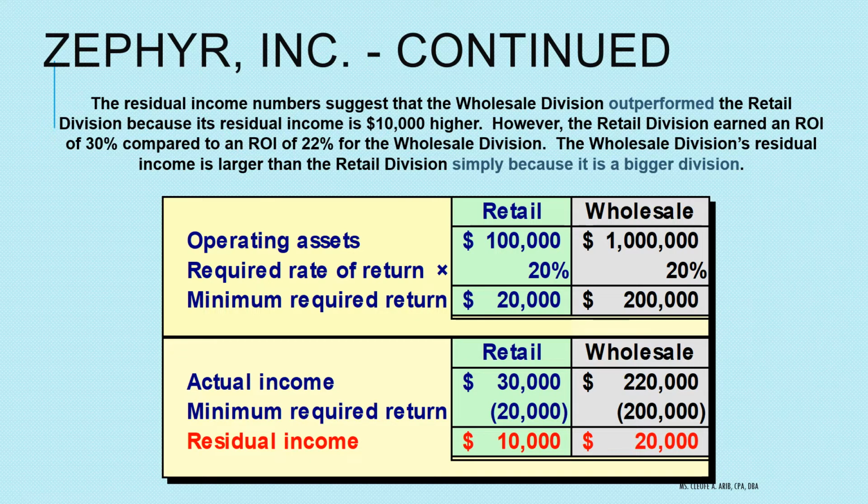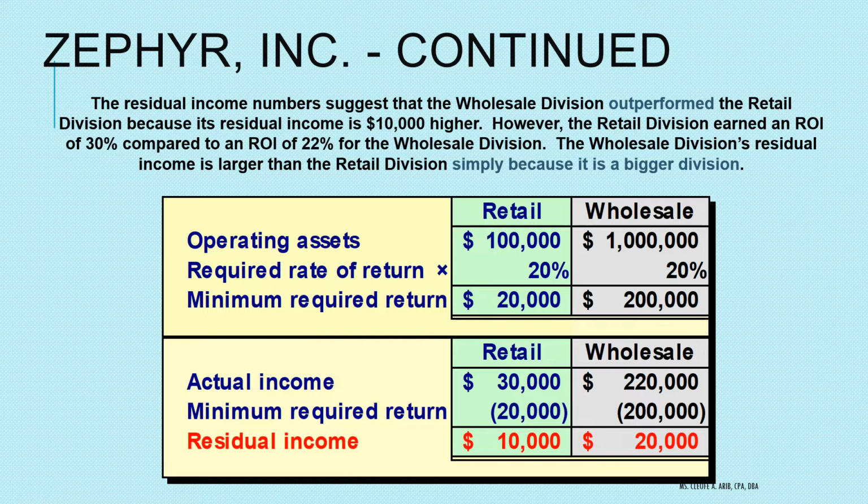However, the retail division earned an ROI of 30% compared to an ROI of 22% for the wholesale division. Now, if you ask me, Ma'am, how did you arrive with the 30% and the 22% ROI for retail and wholesale divisions or segments? 30%, paano ko na-compute yan?